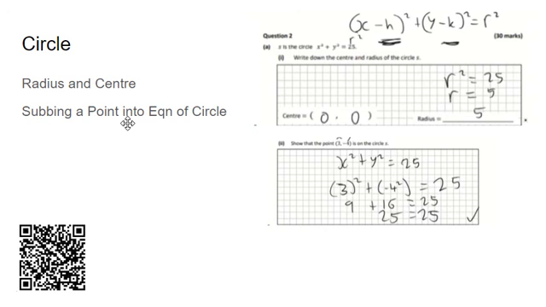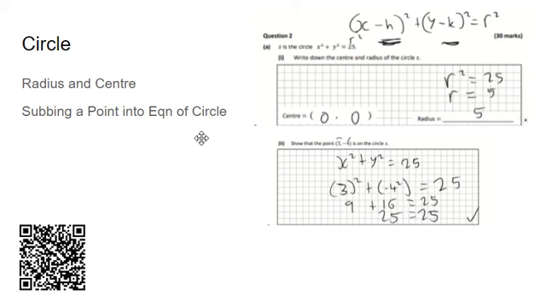Second part there is subbing a point into the equation of a circle. So the second part of part A was to show that the point 3, minus 4 is on the circle. You'll see that they're just subbing in the 3 and subbing in the 4, and you'll have to do that quite a lot. Sometimes it might give you maybe 2, k or something.